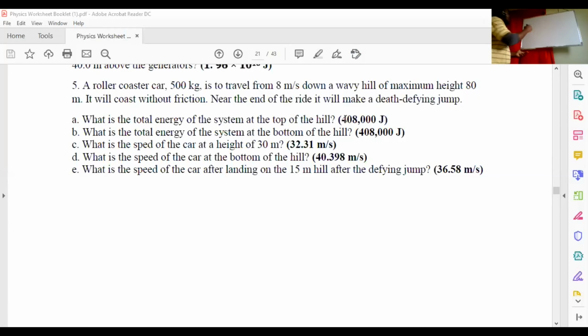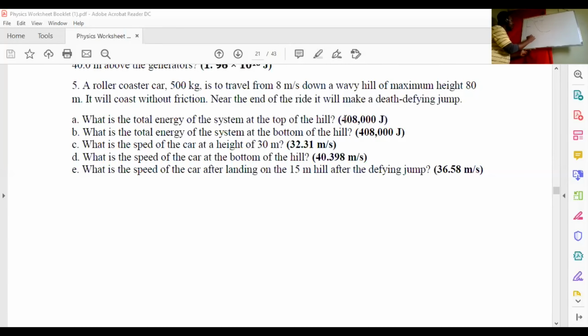So at the top of the hill, the height is 80 meters, it's moving with a velocity of 8 meters per second, and its mass is 500 kilograms. To find the total energy of the system, we find the energy at the top of the track.